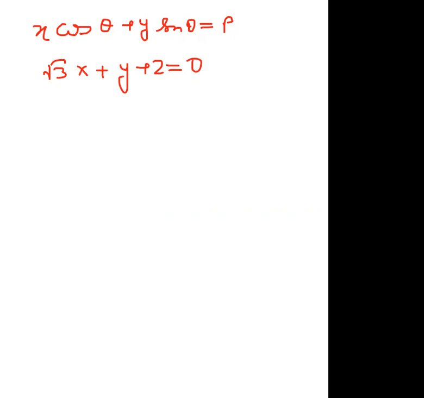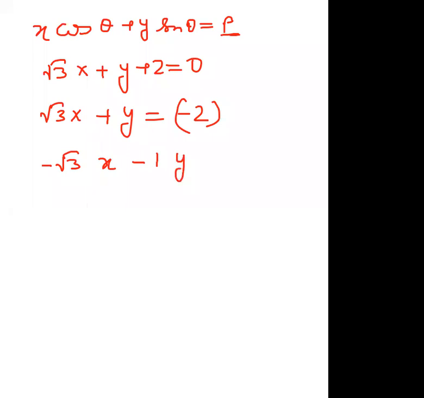So we are going to convert it into the normal form. First of all, root 3x plus y equals minus 2. Now, perpendicular distance can never be negative, so multiply by minus sign on both sides. Minus root 3x minus 1y equals 2.